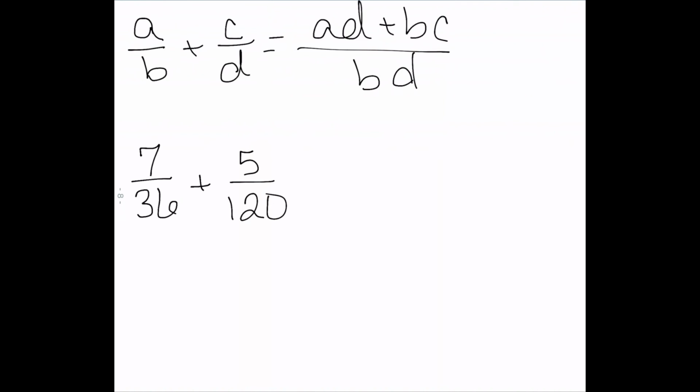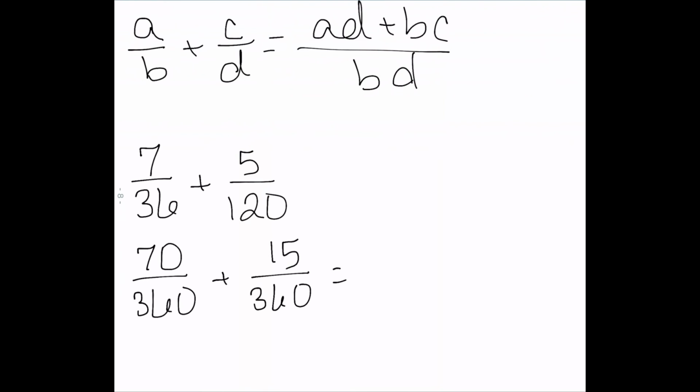As an example, if I want to add 7 over 36 plus 5 over 120, I really don't want to multiply 36 times 120. Instead, I could multiply the first fraction by 10 over 10, and the second fraction by 3 over 3, and have a common denominator. And while this still needs to be reduced, it's a lot better than dealing with 36 times 120.